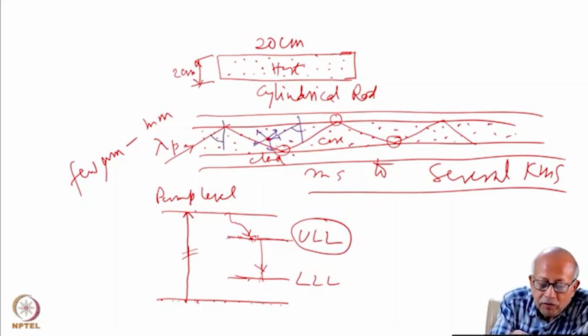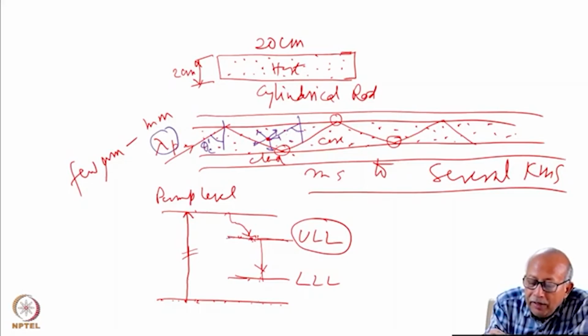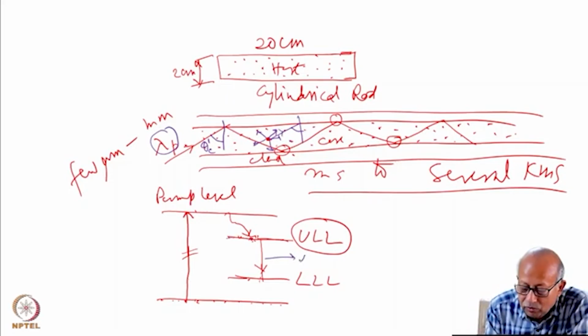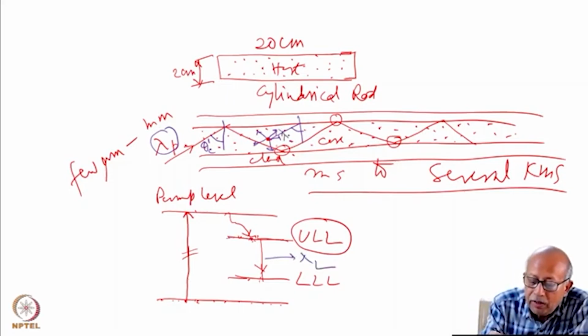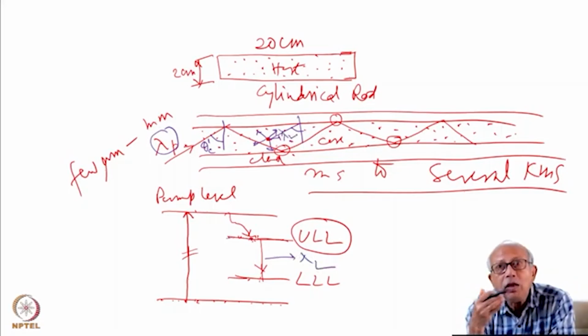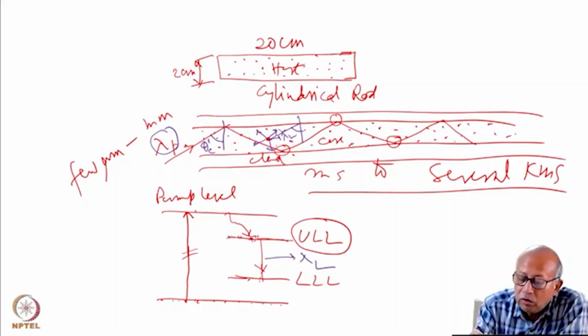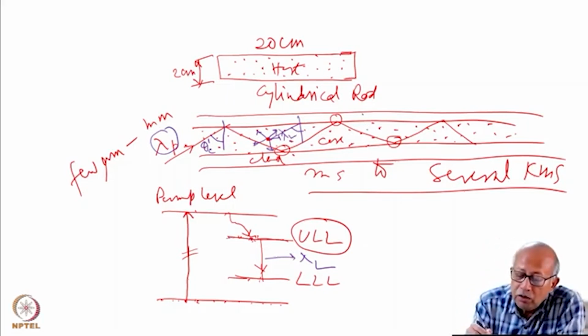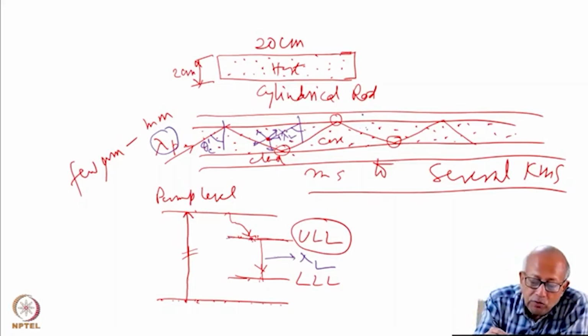The critical angle in the previous case for the pump wavelength, say we call it theta c1, and the critical angle now in this case, because the wavelength has changed, let us say this wavelength is lambda L. So for lambda L, the refractive index of both the core and clad also will be different, and therefore the critical angle, which is a function of the refractive index of core and clad, would also be different. So now the critical angle, let us say, is theta c2.